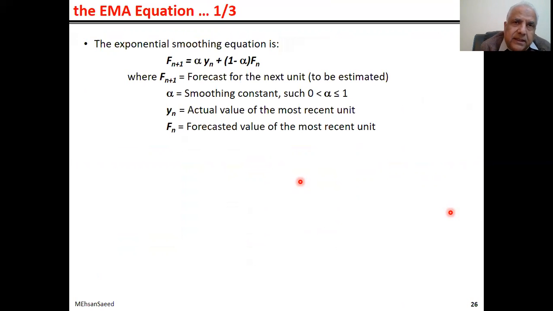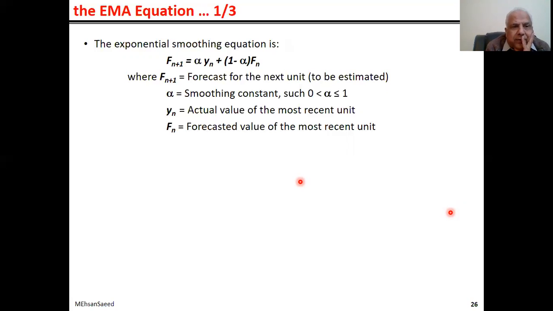I said earlier that whenever using a forecasting method, we always take the previous actual values, with one exception, and that exception has come. That is the exponential moving averages. In exponential moving averages, we consider not only the past actual data, but also the past forecasted data.